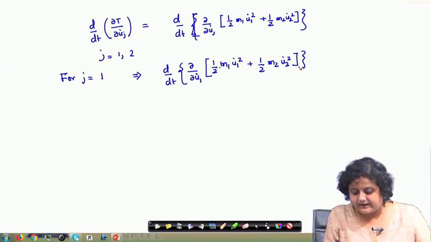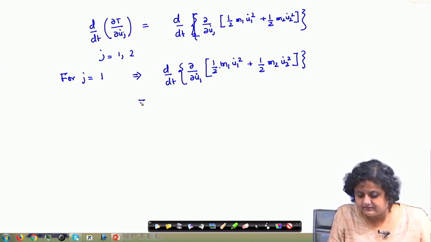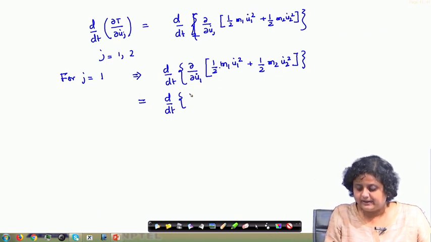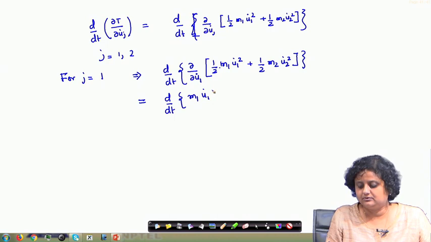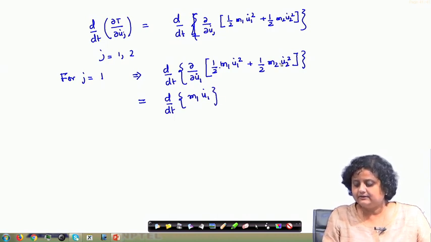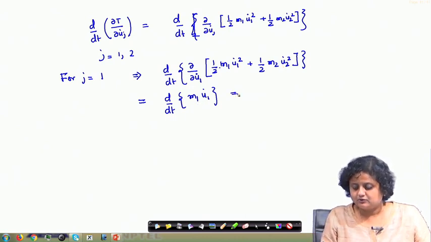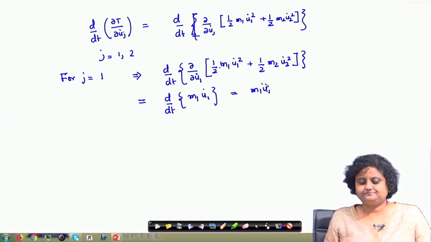So, if I find out this derivative, this is going to be equal to d dt of m1 into u1 dot, that is it, and del by del u1 dot into this is going to be 0. So, I have only this. So, this is going to be m1 into u1 double dot.